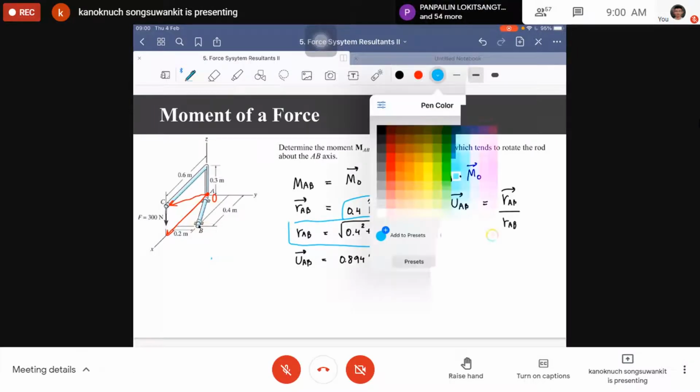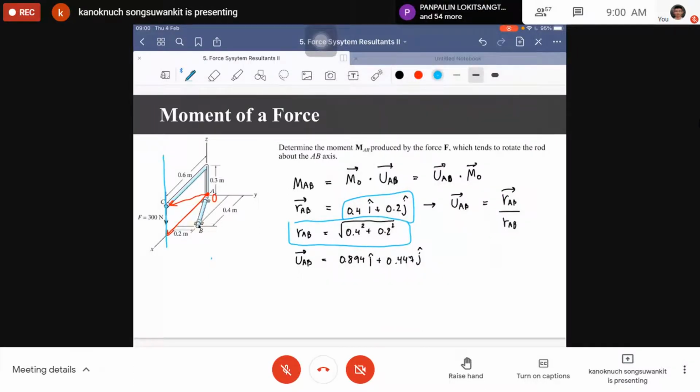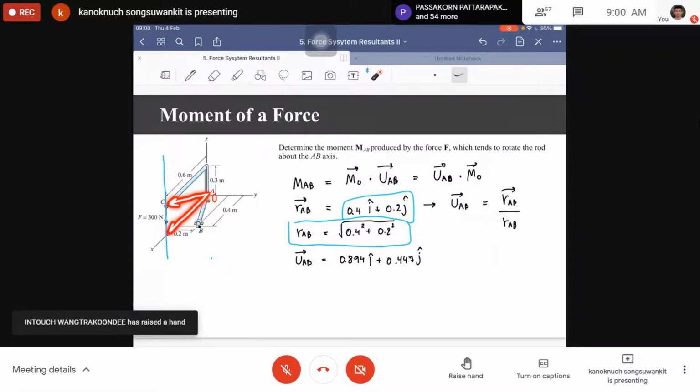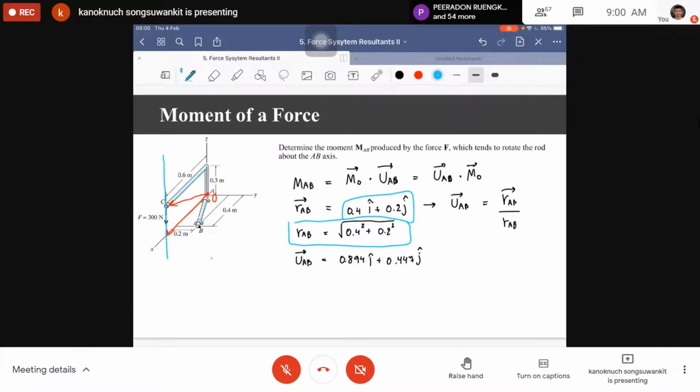Because the force is directed along this direction, each position vector intersects with the line of action. Or you can also use other vectors like this or like this, as long as you have all the information, like coordinates.